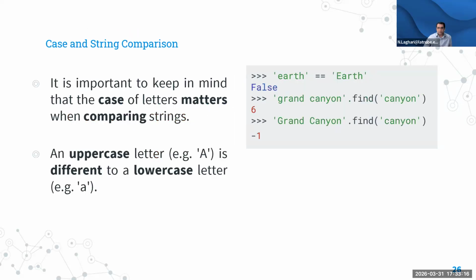Okay, now what was that? Right, so comparison, we can use the comparison. We see that a small earth and a capital Earth, starting with capital E, are not the same, so they're false. And you see that for Grand Canyon, when we find it, it is returning us 6.